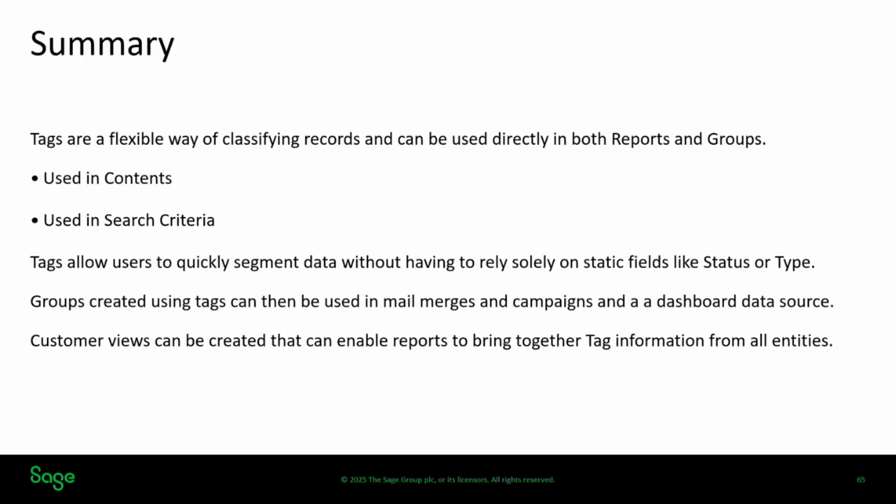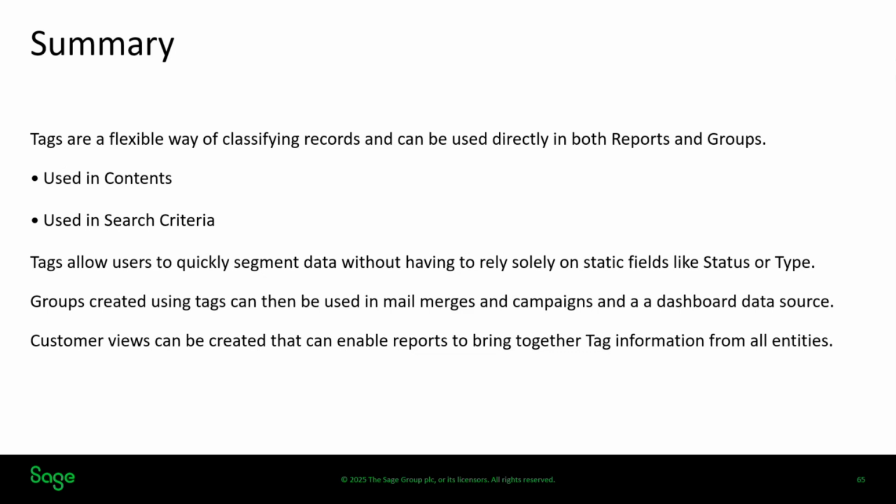But what we've seen in this lesson is that tags are a flexible way of classifying records and that can be used directly in both reports and groups. We've seen that where you are based on one of the standard views within the system, you can only use the tagging information for an entity to add in the contents.